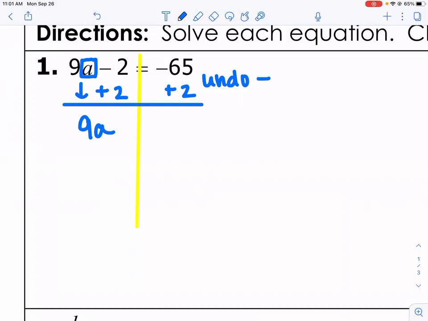Our -2 plus 2, those add to 0. I'm not going to write plus 0. Are you okay with that? Okay, Jada, what do we get when we take -65 and we add 2? Do you agree with Jada, -63? No, it's not wrong. I'm just making sure everyone else agrees with you. Do you really?